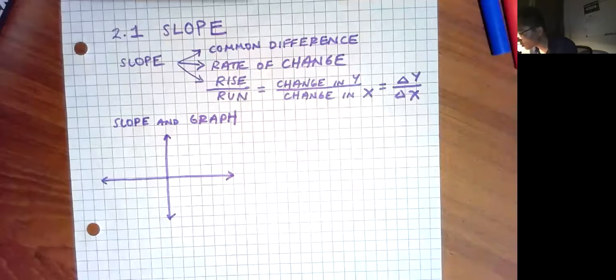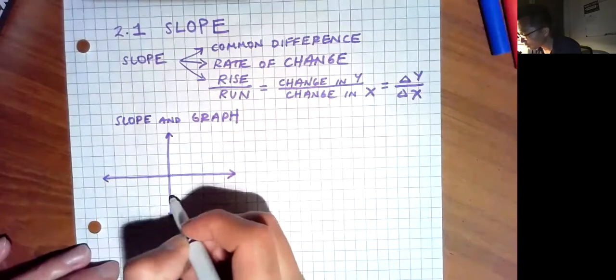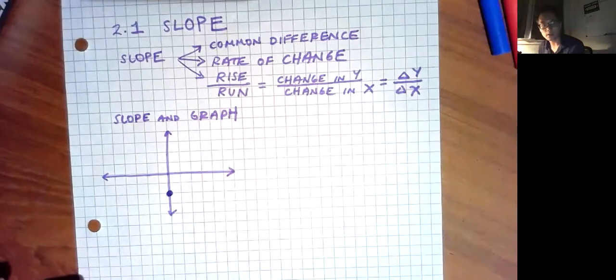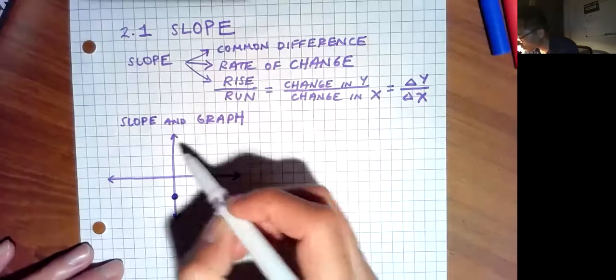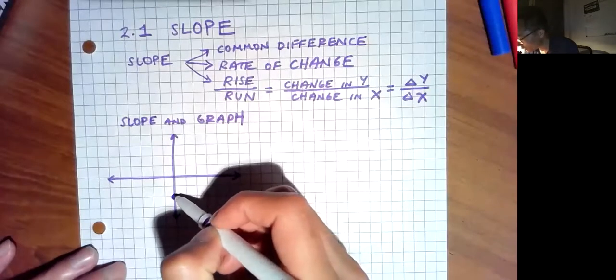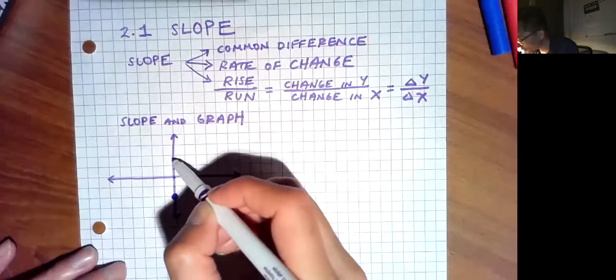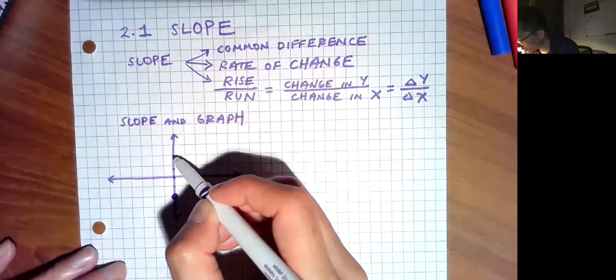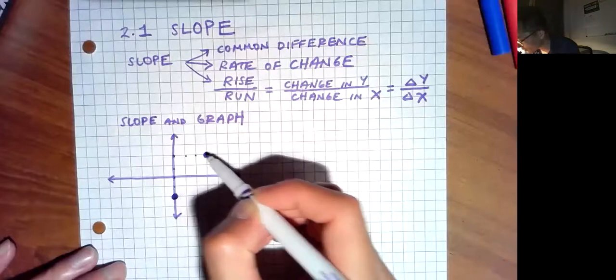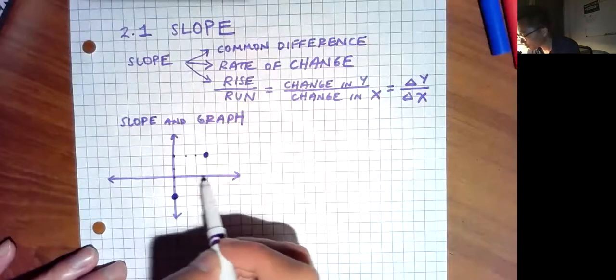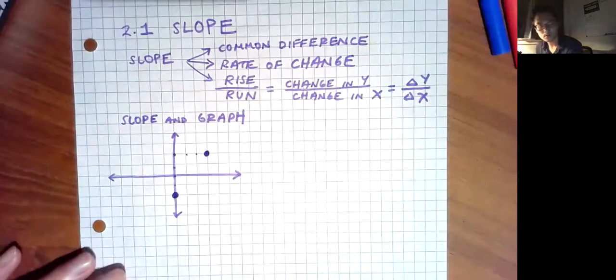And on this graph, I want you to put one point at 0, 2. And then from there, I want you to go up 4 units: 1, 2, 3, 4. And then to the right 3 units: 1, 2, 3. Like that. So your point should be at 3, 6.